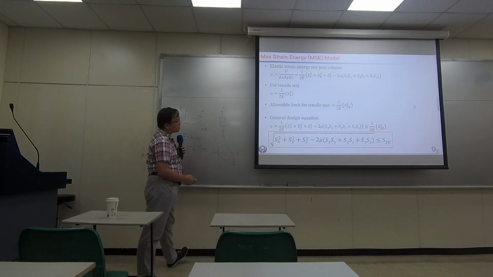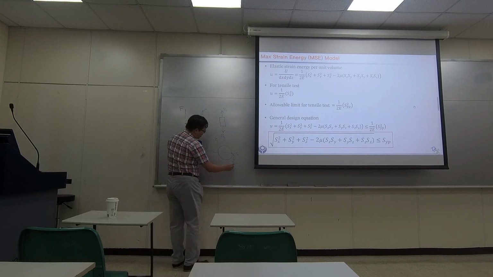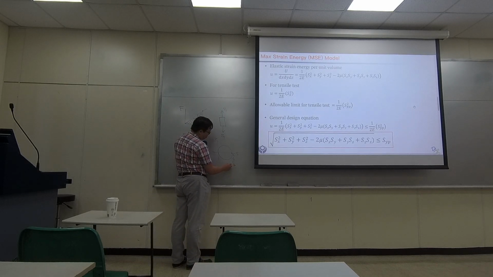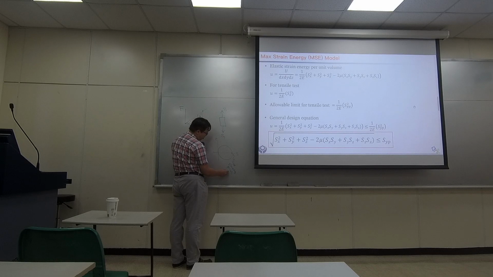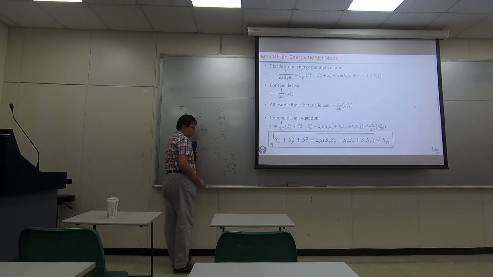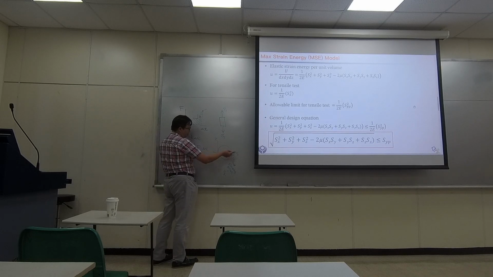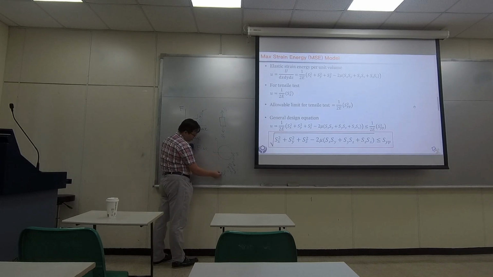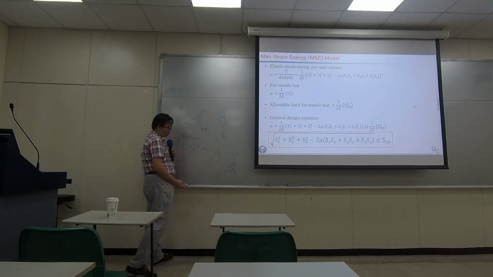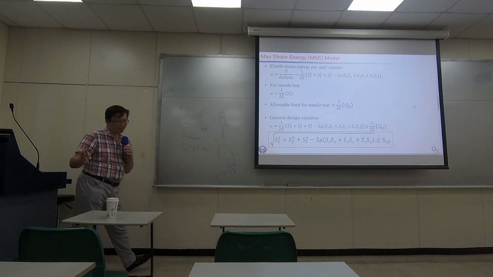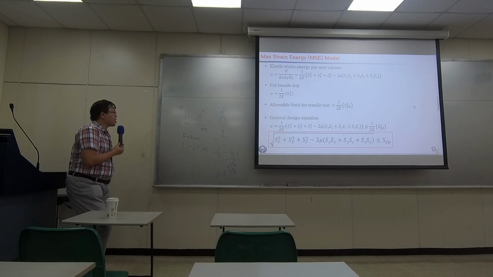So Sy or Yp, sometimes people use Yp. Yp is like a yielding point, okay? Or just Y for sure. Sometimes people just say Sy, because we are on the coordinate of principal stress. And of course, some people use sigma y. They are the same thing, same number.